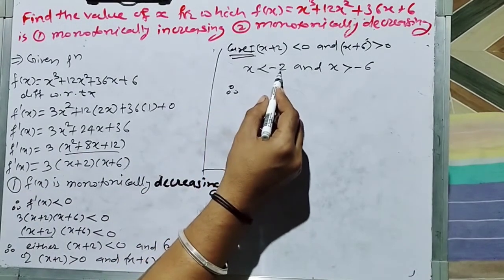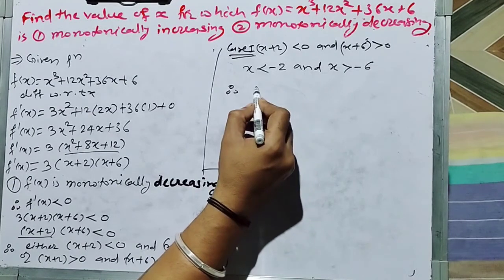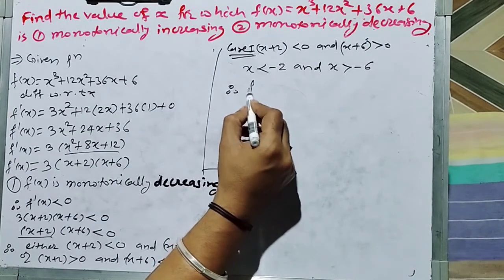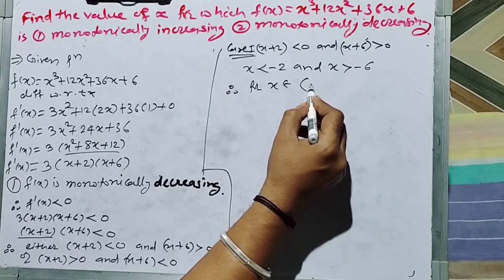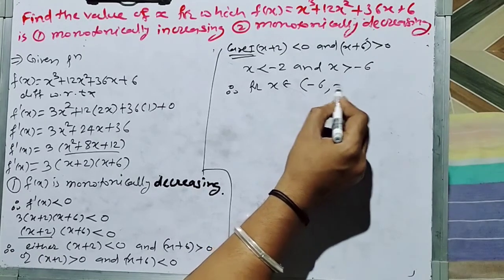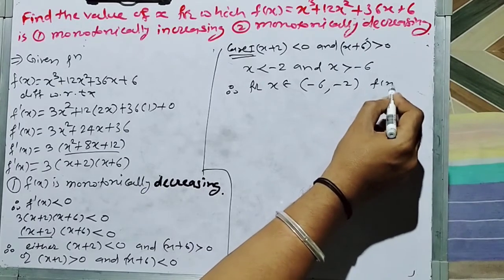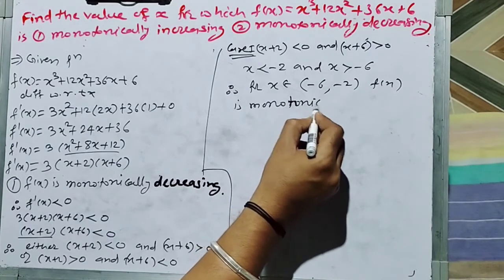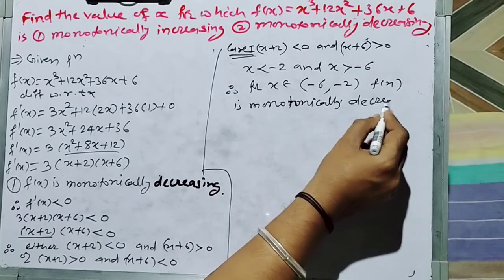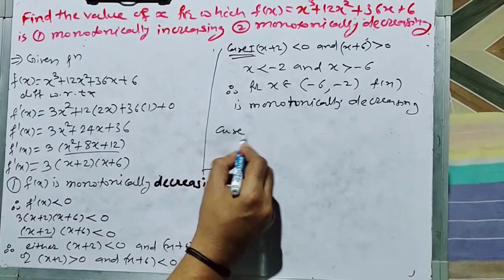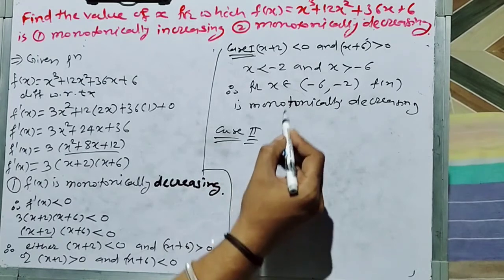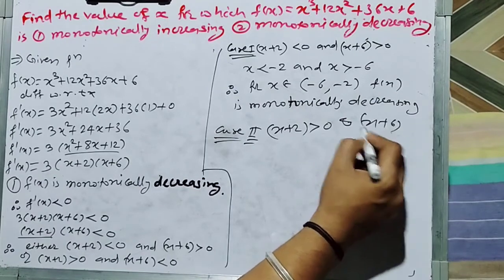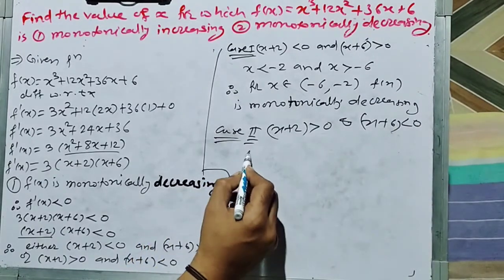So therefore for x belongs to the interval minus 6 to minus 2, f of x is monotonically decreasing. Now case 2. In case 2, x plus 2 is greater than 0 and x plus 6 is less than 0.